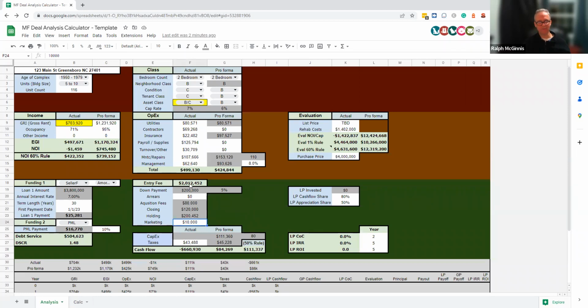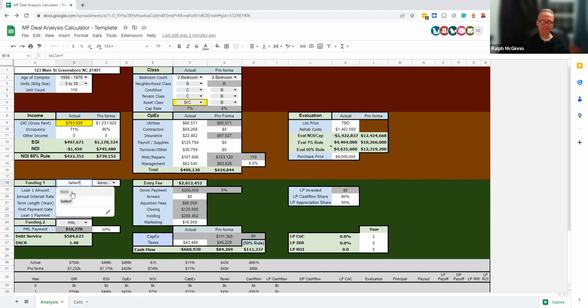So this entry fee is a total of all of these fees down here, plus your rehab cost over here of 1.4 million. But it does adjust this 1.4 million based off of whether you're doing seller finance or whether you're doing bank.